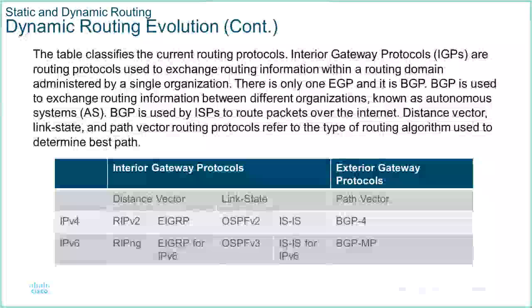Our exterior gateway works with its own pathing, its own method of determining the path, and generally speaking, border gateway protocols, which is BGP, is more stable because it takes longer for changes to impact its routing table. It's built to interconnect service providers with the minimum amount of updates between them.